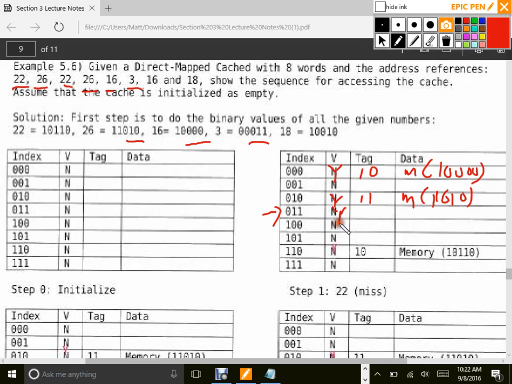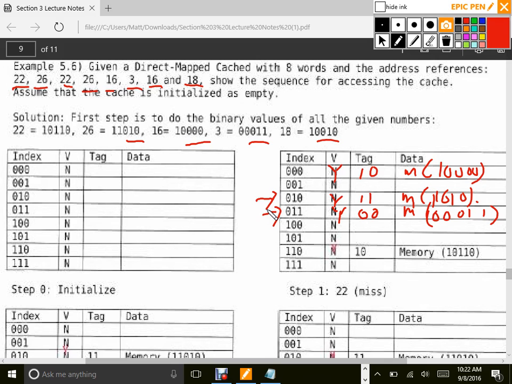Yes. 00. Memory 00011. And then we go to 16. It's a hit. And we look at 18. 18 is 010. We go to 010. Oh, look, we have this here. So what do we have to do now?